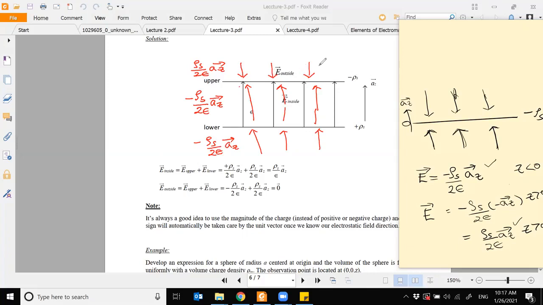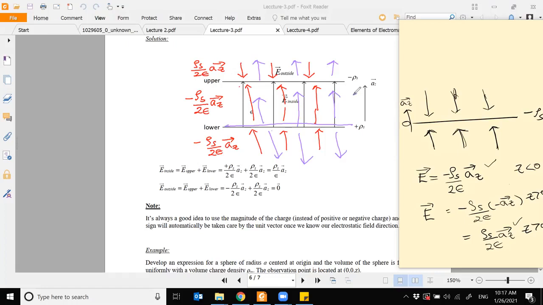Now for the positive charge, for this charge, so it is going away. So this will be the field, purple. For this charge, for this line. Now what will this be? Rho S over 2 epsilon.